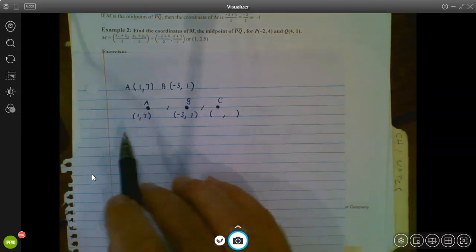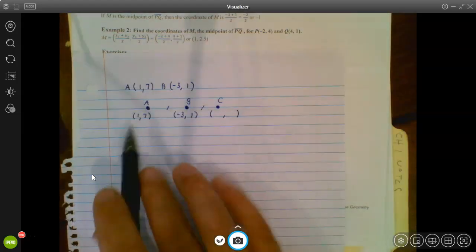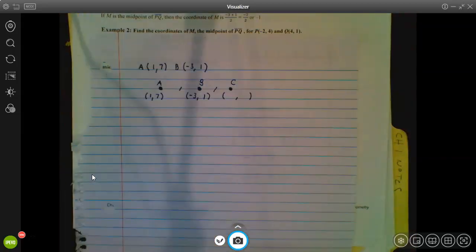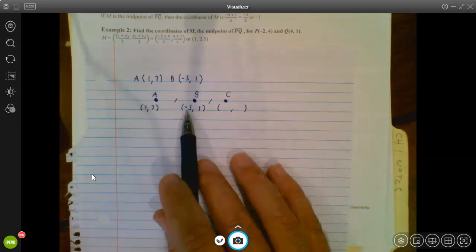So here's the easiest way to do this. Just find the distance. If I just look at the x's for a minute, if I'm traveling from A to B on the x-axis, so if I go from 1 to -3, how far did I travel? Right? So from 1 to -3, you're going left 4 units.